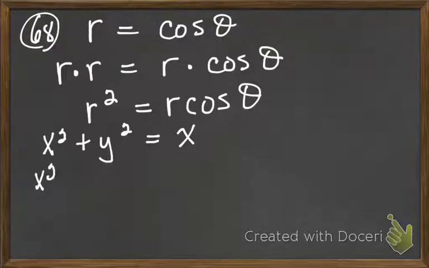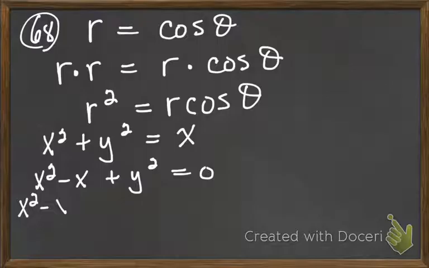So we're going to do x squared minus x plus y squared equals 0. You're going to put your x together with your x squared. If you had a y, you would put it together with your y squared. We're going to complete the square with the x's only, because the x's are the only ones that have an x squared and the x, so you don't have to do anything with your y. Anybody remember how to complete the square?